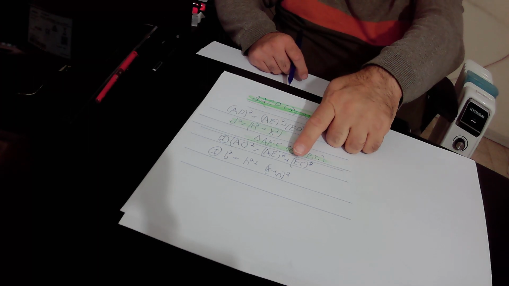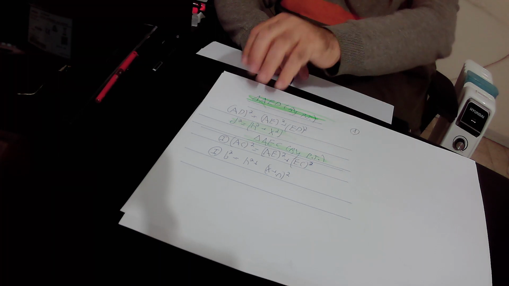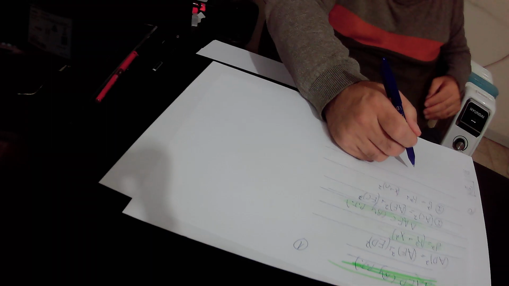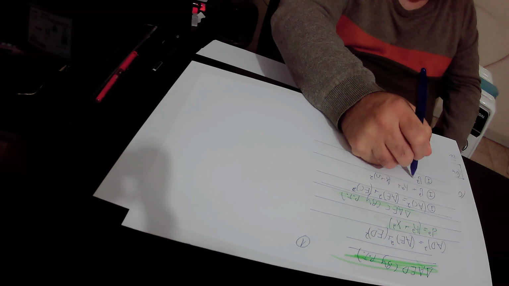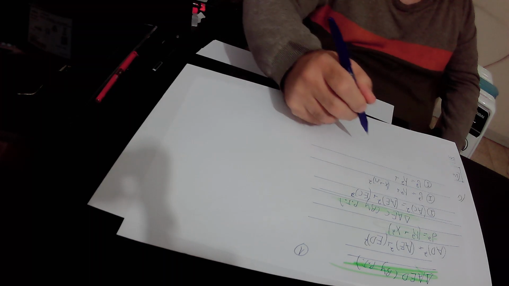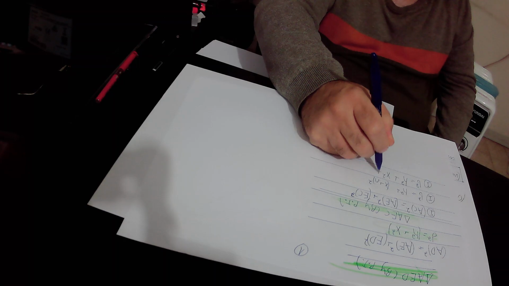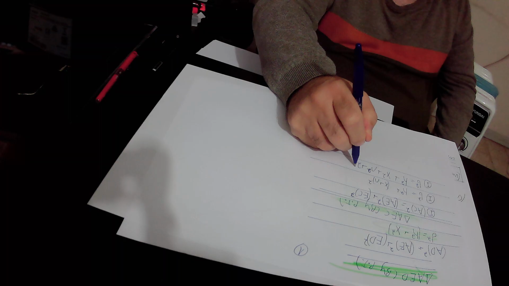We will open the brackets of this side of equation number 1, and we will get that according to equation number 1, B squared equals H squared plus X squared plus N squared plus 2 times X times N.